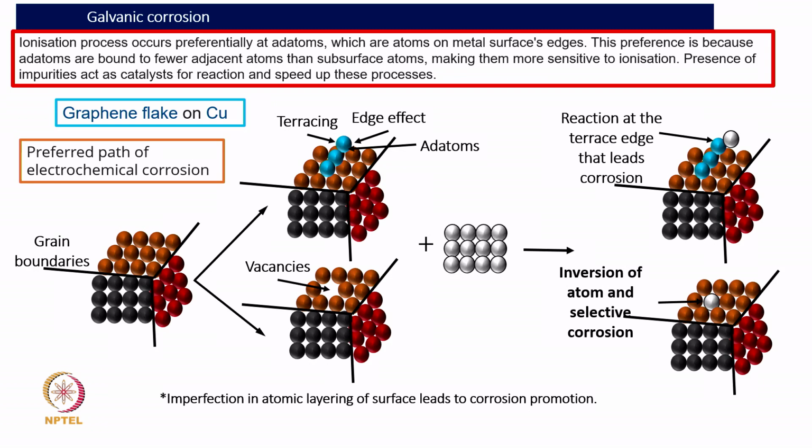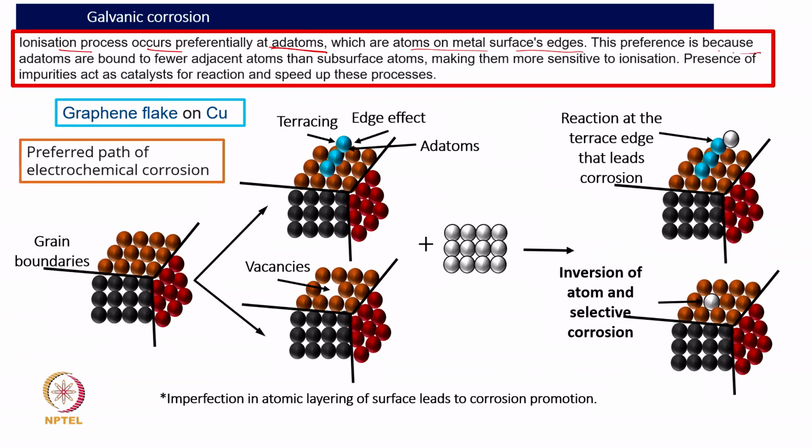To understand in slightly more detail, I am trying to cover this slide on galvanic corrosion and highlight that the ionization process occurs at the top atoms. These are atoms on the metal surface or edges, the reason being that these atoms are loosely connected with the internal structure.